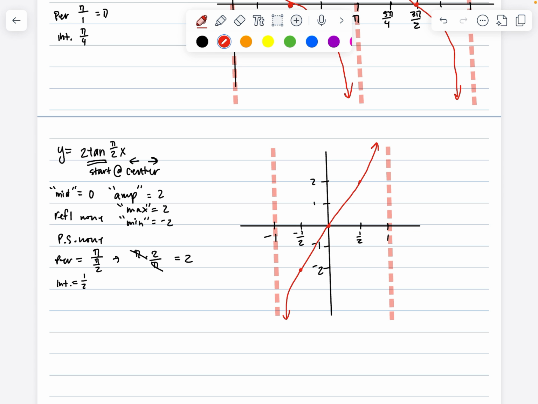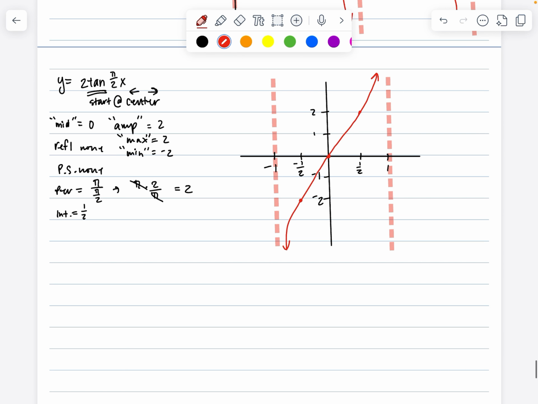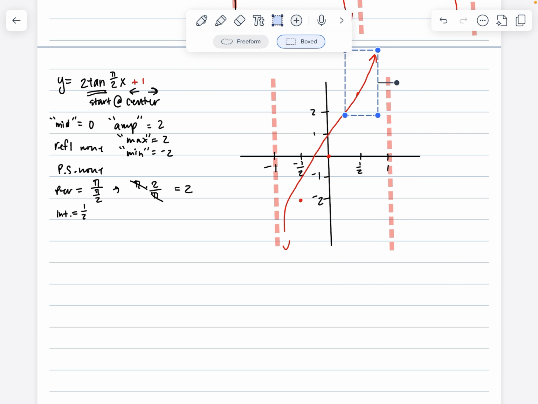Okay, with a tangent wave we always start at the center, go 2 to the left and 2 to the right. If there was, for instance, a phase shift, or let's say even a vertical shift, if this was a +1, we would take this entire graph and it would just shift up 1 unit.